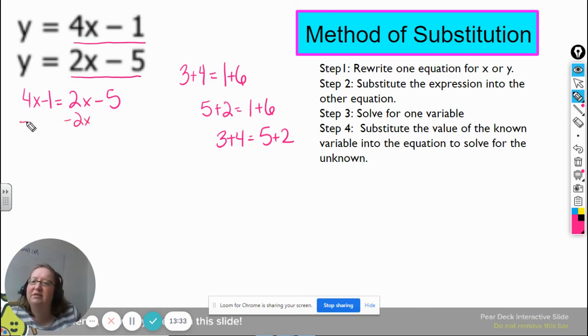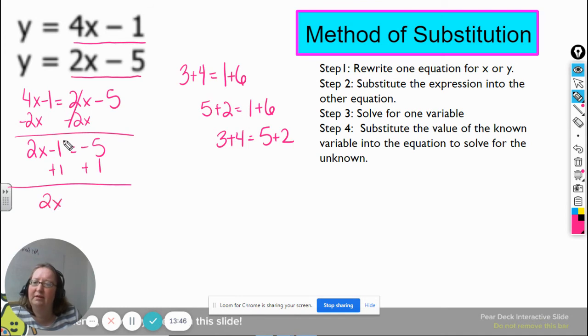So minus 2x, minus 2x. But she is right. 2x minus 1. If they're both in y equals, why not just graph them? Plus 1, 2x is equal to negative 4. Divide by 2, divide by 2. x is equal to negative 2.